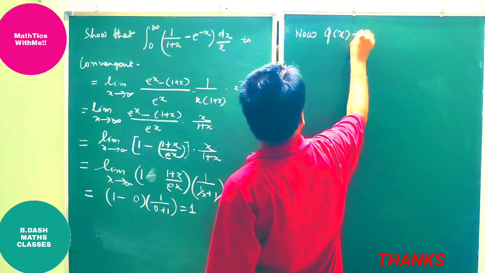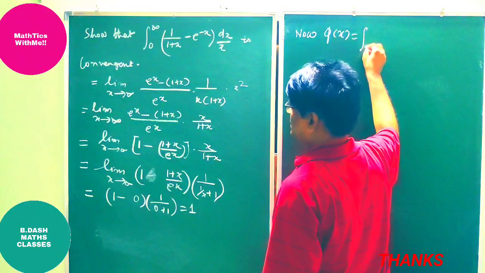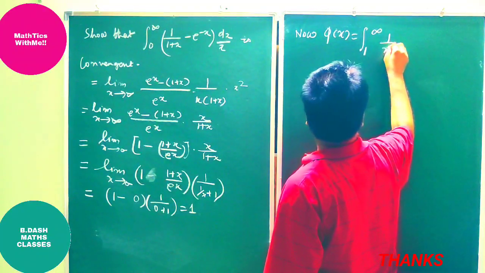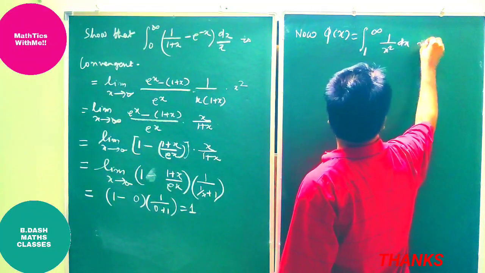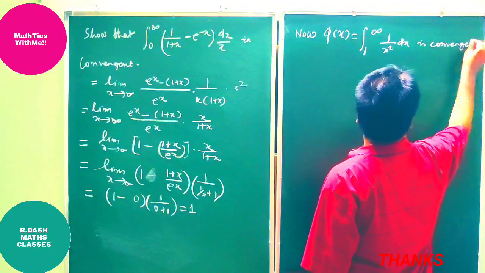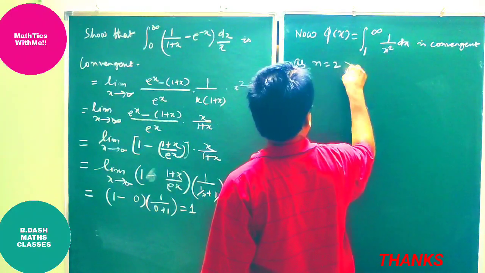Phi of x, that is the integral from 1 to infinity of 1 by x square dx, is convergent as n is equal to 2, greater than 1.